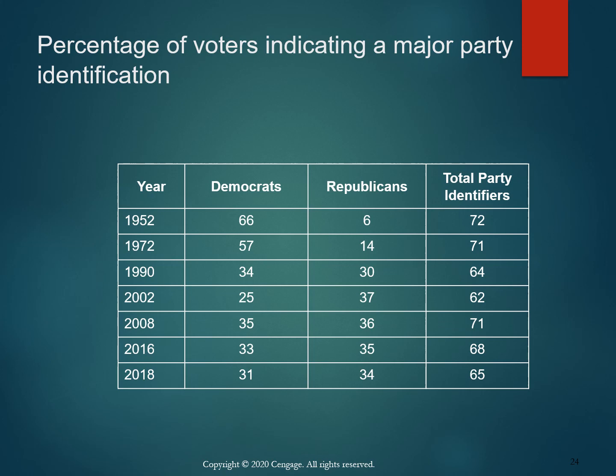By the 1990s, it looked almost even, guys, but there was a decline of party identification to 64%. But the Democrats and the Republicans were more or less within an even range there.